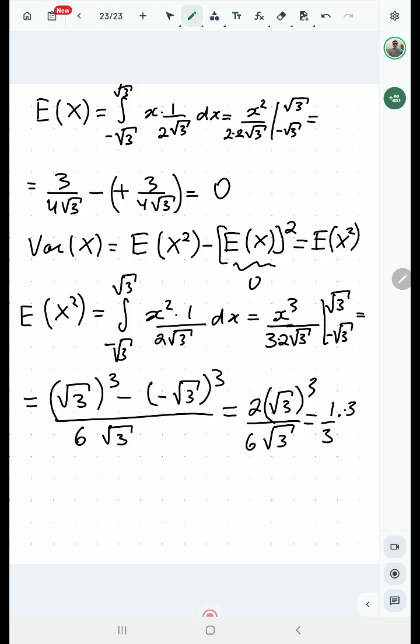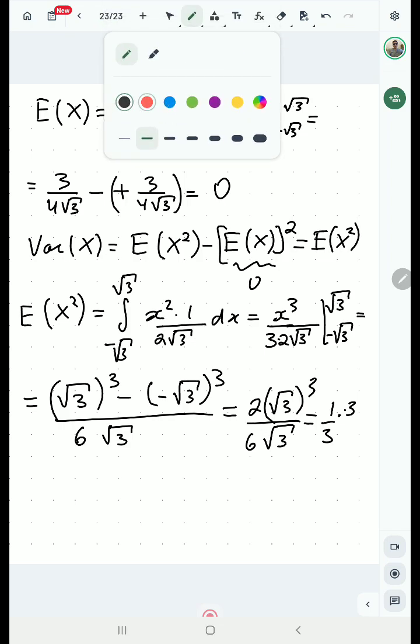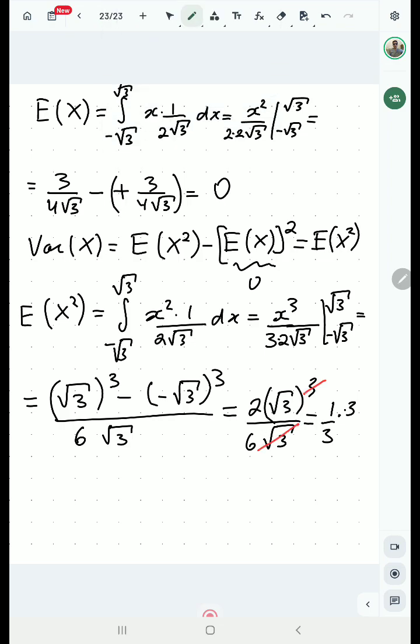Because you cancel out these things, and you receive just 3. And as a result, the variance becomes equal to 1. So the variance is equal to 1.